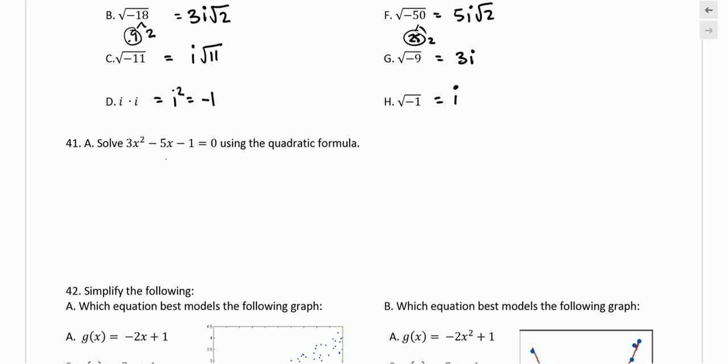Number 41, using the quadratic formula. -b plus or minus the square root of b squared minus 4ac, all over 2a.